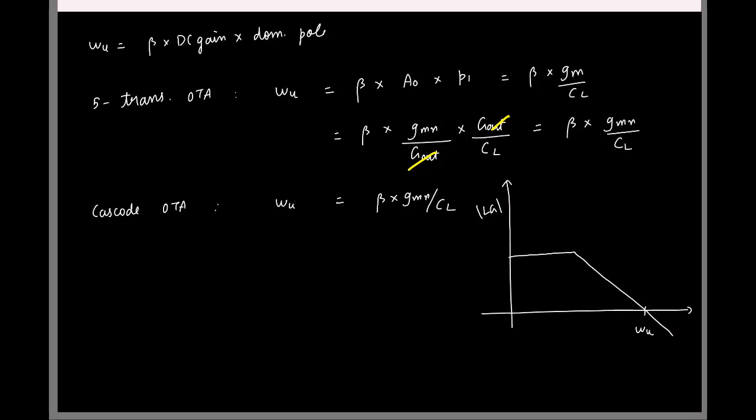The moment I go for a cascode, I see that the omega u is still the same, but the cascode is going to have a higher DC gain. So how will the loop gain plot look like? This is loop gain, right? Omega u is still the same, and it has to go at 20 dB per decade, so it will follow the same line, isn't it? And then you will have something like this.